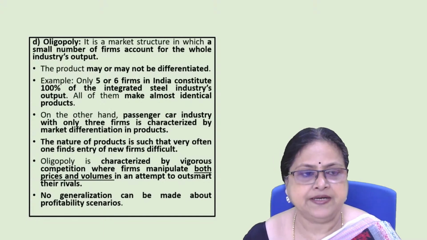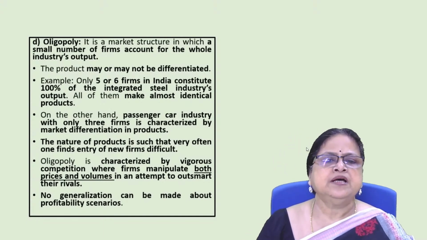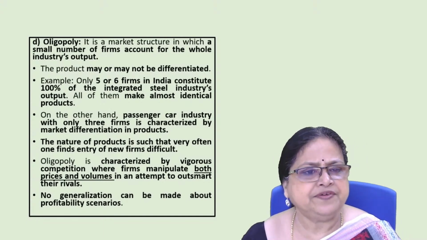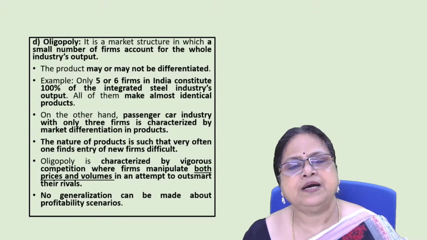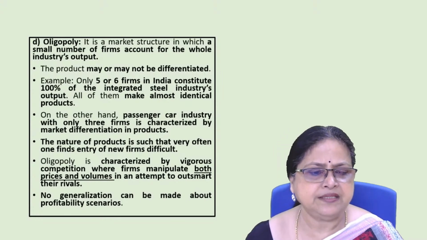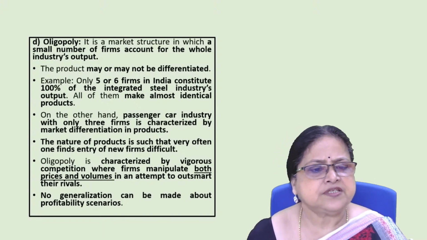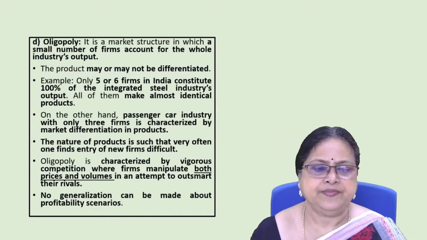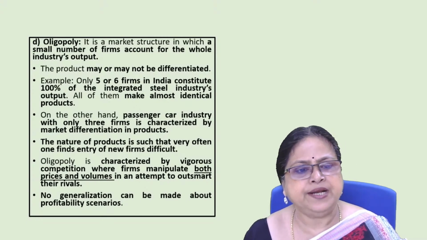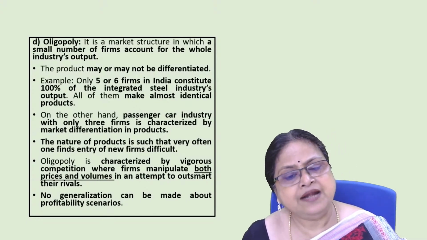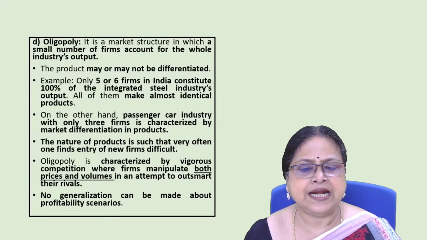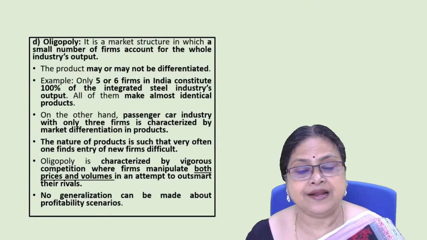The nature of the product is such that very often one finds entry of new firms very difficult. So basically here the product may or may not be differentiated, and very few sellers are there in the market. It is characterized by vigorous competition among themselves, where the firms manipulate both price and volumes of output in an attempt to outsmart their rivals.